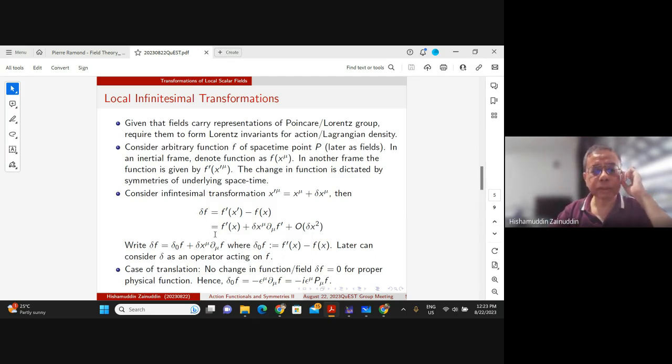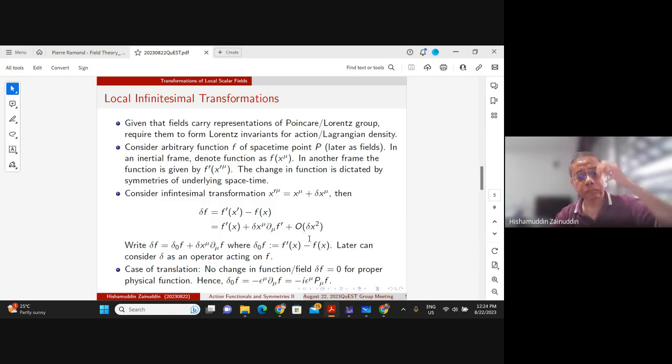So essentially, you just re-express things back to whatever definition that we have, and then you find that this term already has a delta x mu, and by replacing your f dash with f plus something else, that something else also has another delta. So when it multiplies with this delta in front here, you get a delta squared. Okay, all right. If you want to see the details, I can show you later on, I suppose.